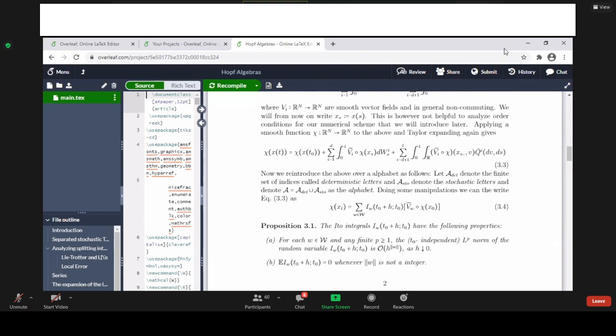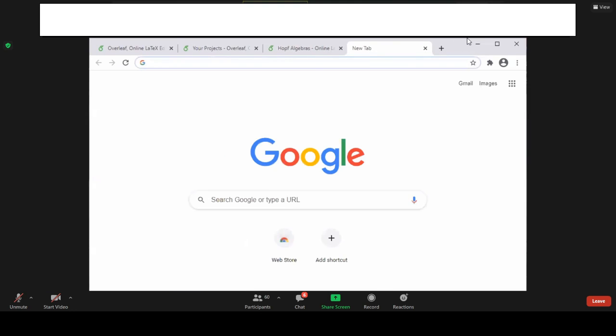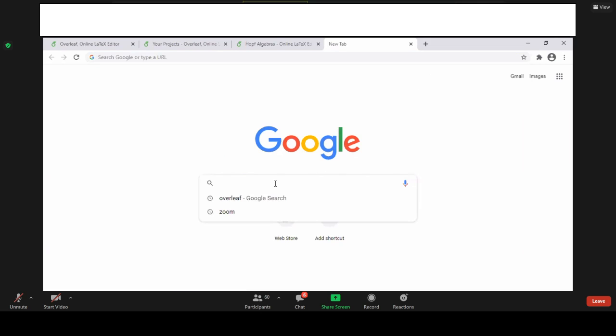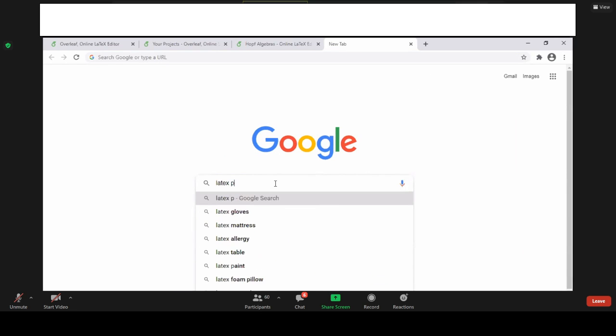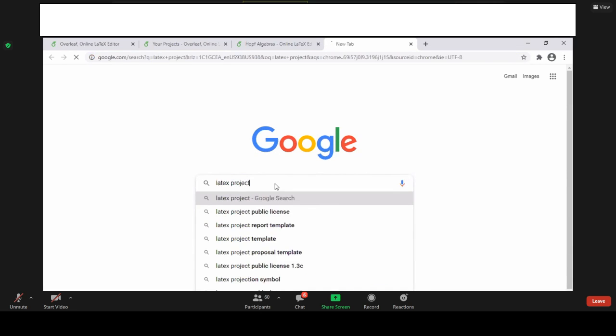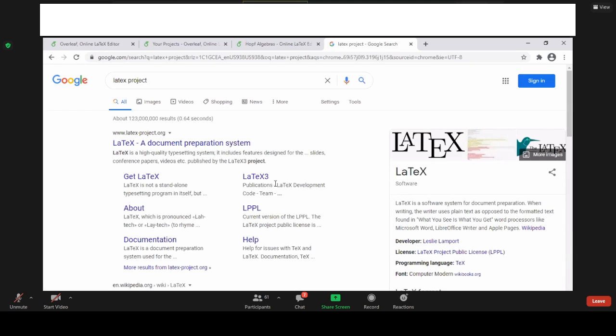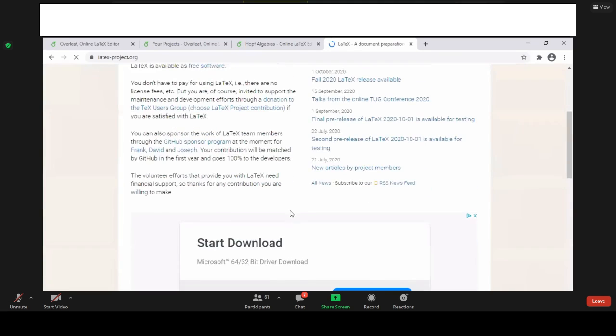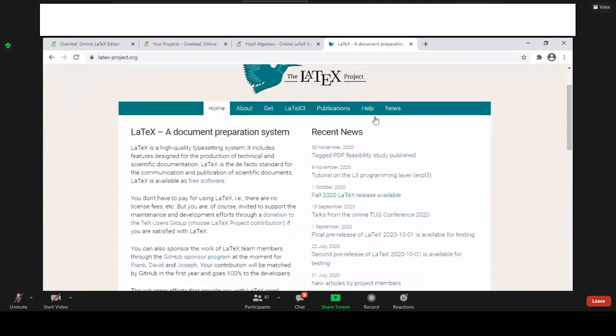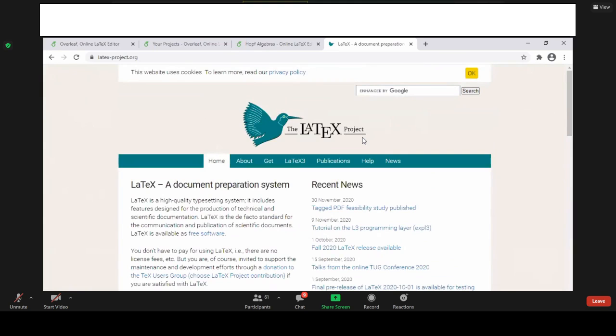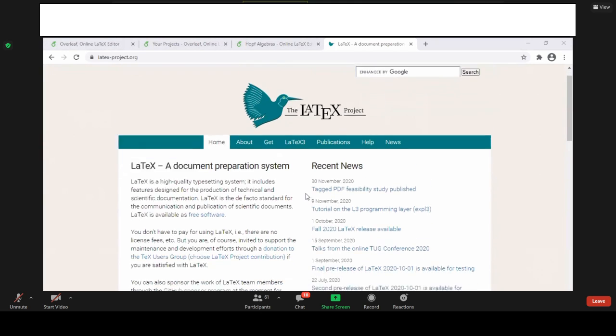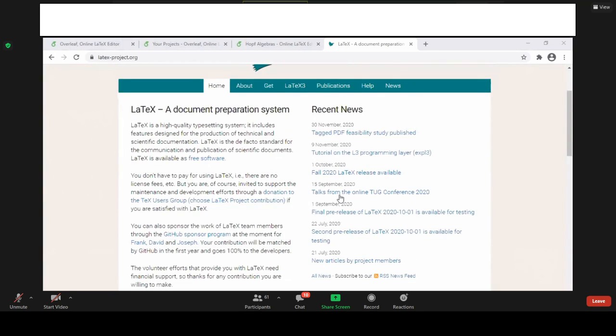The other way is to install it. Let's say you go to LaTeX projects. This one you have just on your computer. If you go here, you can install LaTeX as follows. We solved the examples in class, but you want to type the examples, solve them, and put the solution in there.